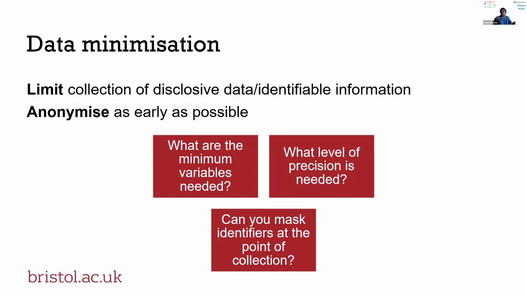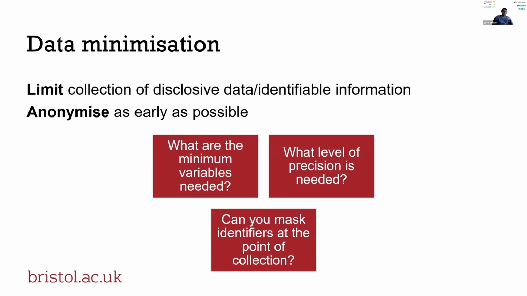If you don't hold it, then it can't be disclosed. So this is things like thinking about the minimum variables needed and the level of precision needed. For example, if you need age, which is quite common, do you need individual ages or would age bands do? If you need date of birth, do you need the full date of birth, day, month, year, or would just month and year do, or just year?